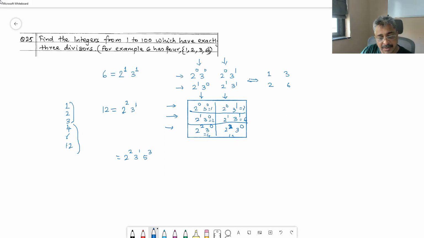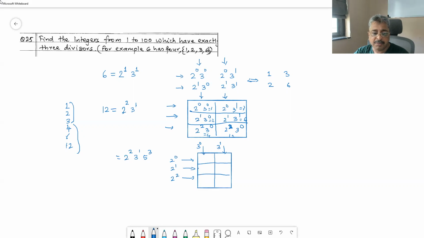It is a big number, but how many rows will there be? For 2 there will be 3 rows: the 2 raised to 0 row, 2 raised to 1, 2 raised to 2. Then for 3, how many columns? The 3 raised to 0 column and the 3 raised to 1 column. So it is a 3 by 2 picture.